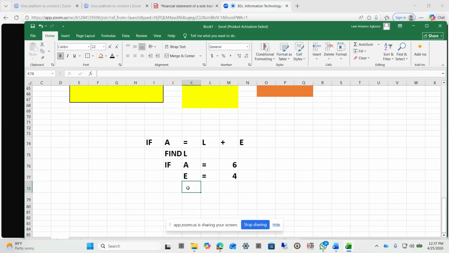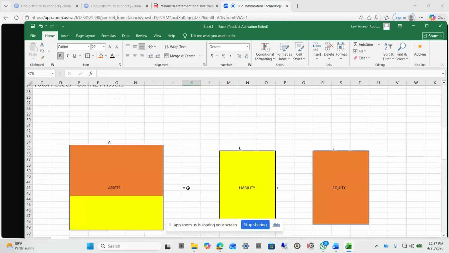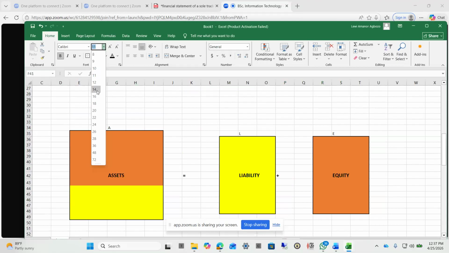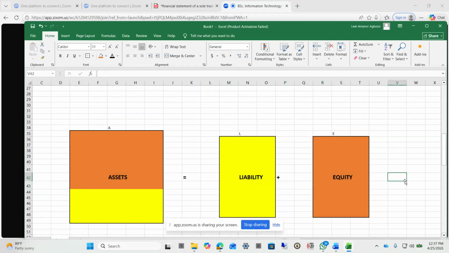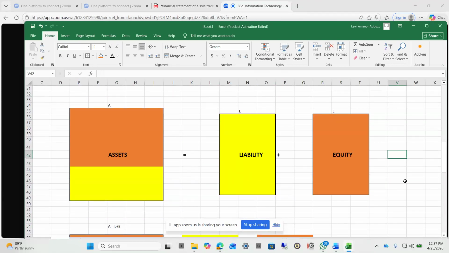So once you know in accounting this equation, the rest of the things in the balance sheet become easy. Do you understand? Yes, sir.